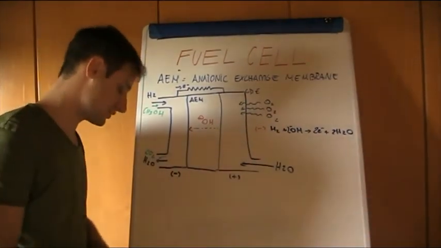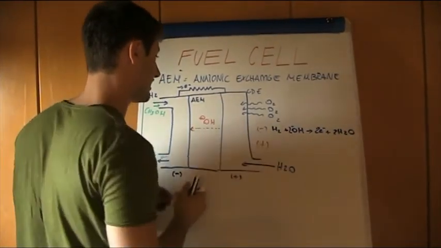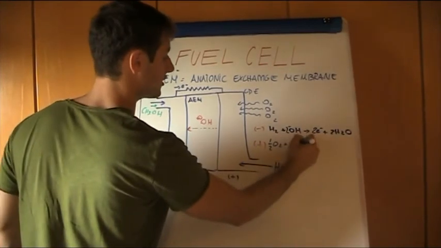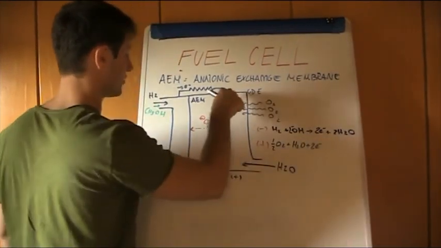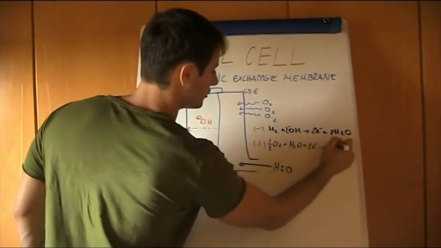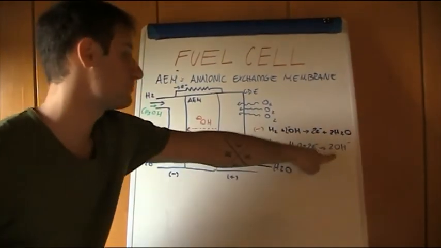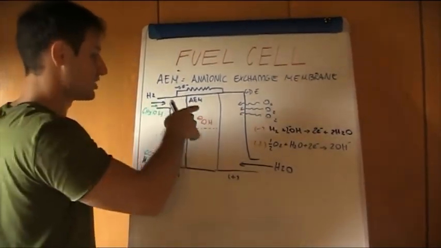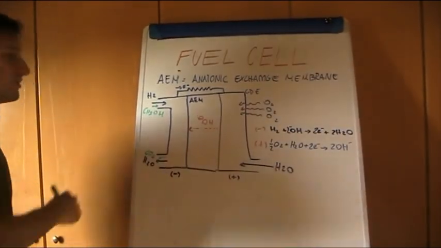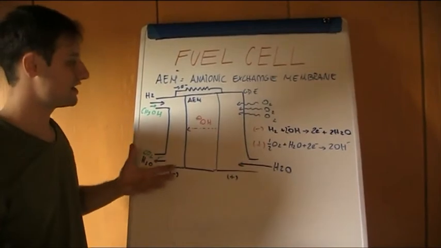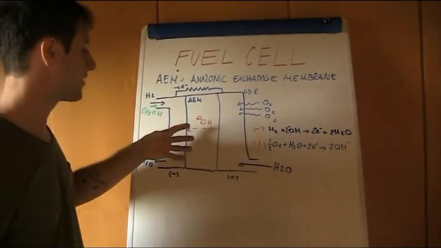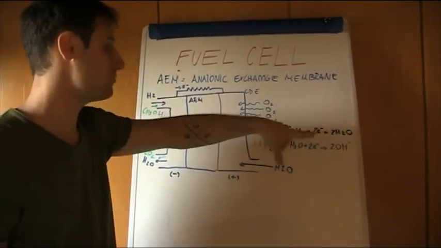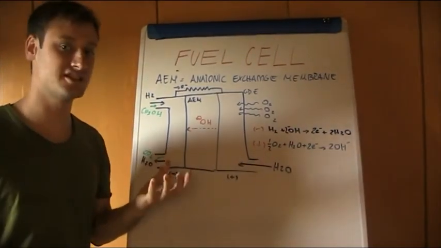Whereas on the positive electrode, oxygen reacts with water and the electrons received in order to form these anions, which can migrate and be used by hydrogen to ensure the oxidation and release water as a product of the reaction. So basically the concept is this. In this case we are using a different type of membrane, and we are using water together with oxygen, in order to allow a different working principle, but the result is exactly the same.